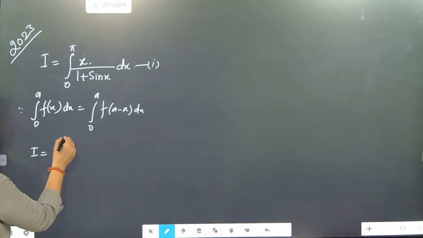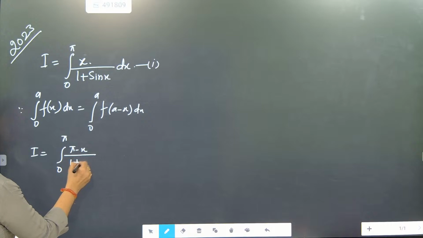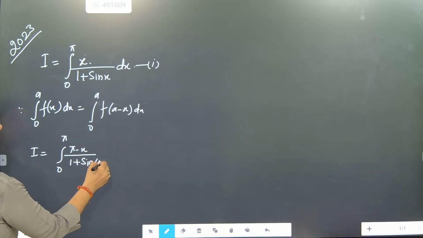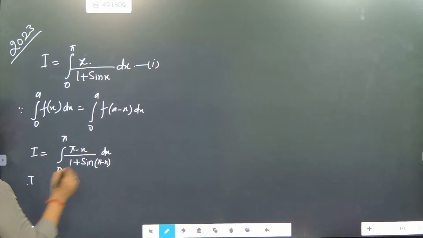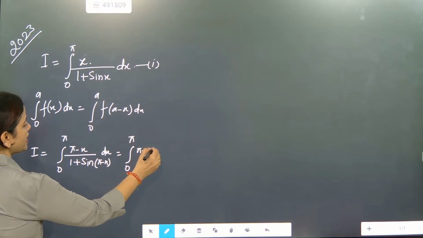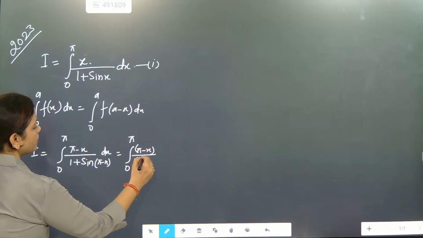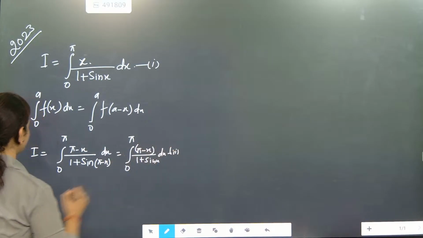So it will become the integral from 0 to pi of (pi minus x) by (1 plus sine of (pi minus x)) dx, which will become the integral from 0 to pi of (pi minus x) by (1 plus sine x) dx. Take this as equation 2.